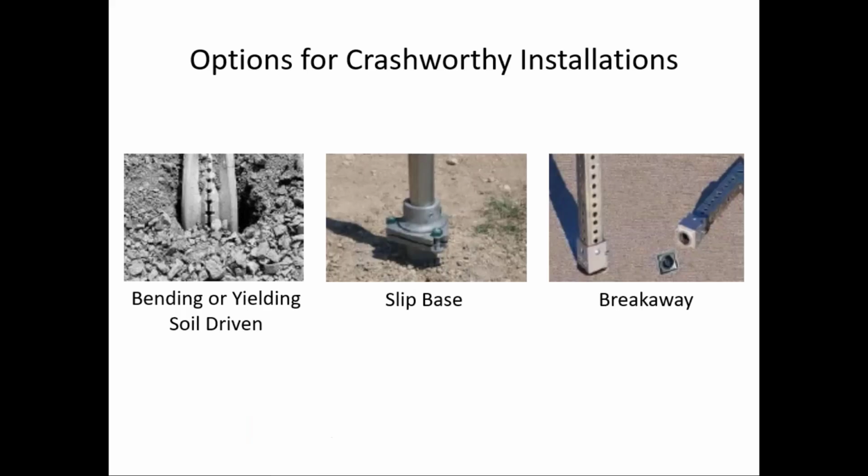Here you see some options for crash-worthy installations. Notice the one on the left there, kind of the U shape, bends or yields when struck. We have the slip base, and then we have the breakaway design.